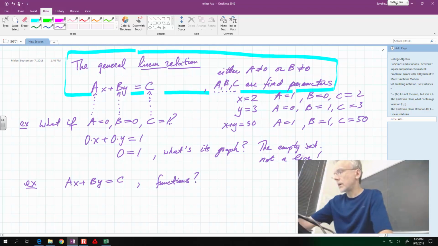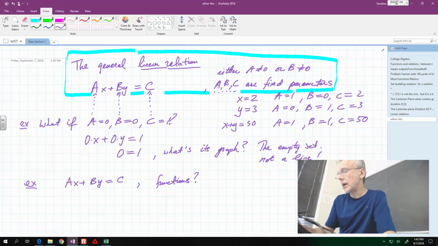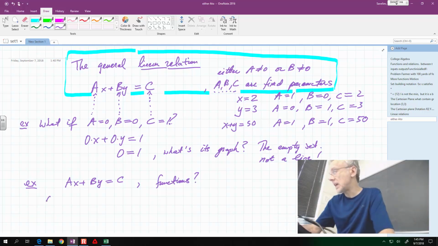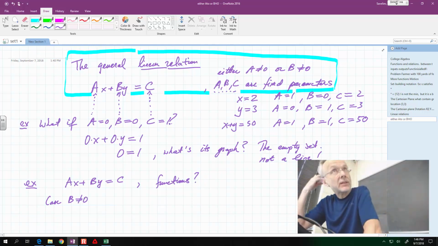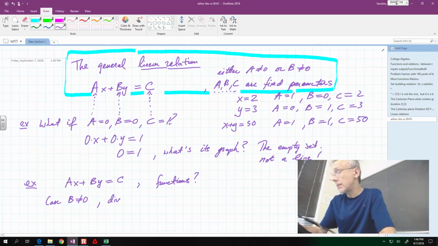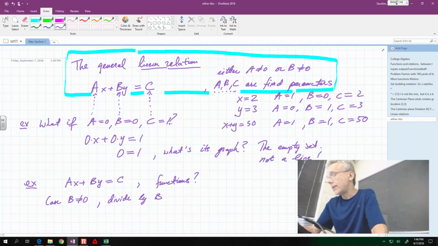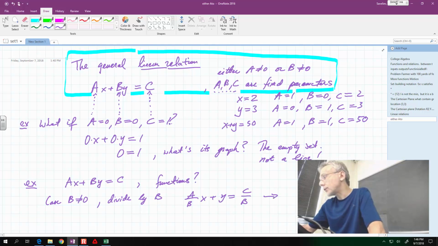Okay, we have a couple of minutes left. So we can produce functions. How about case 1: B is not equal to 0. What does it mean? It means I can divide by B and simplify everything. So I divide by B, and what do I have? A over B x plus y is equal to C over B. And so I can actually solve for y.